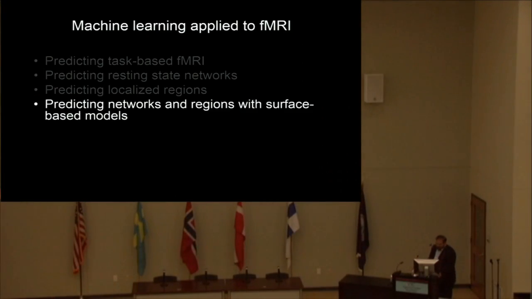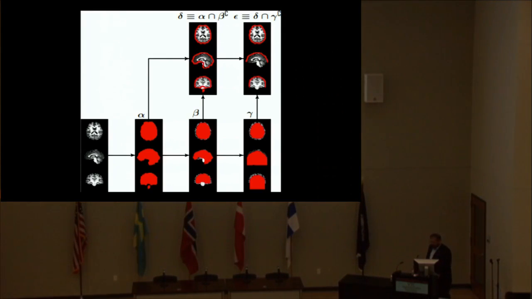Okay, so now going into where we started. Can we actually predict networks and regions with surface-based models? And we get this surface using just very simple morphometric image processing techniques, starting from a whole brain mask of brain versus non-brain.